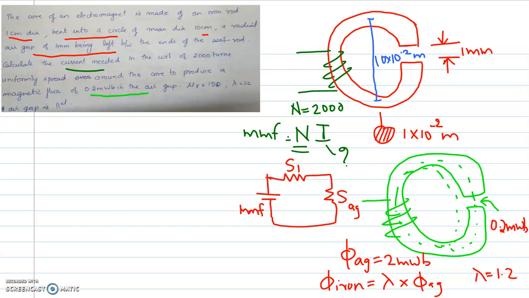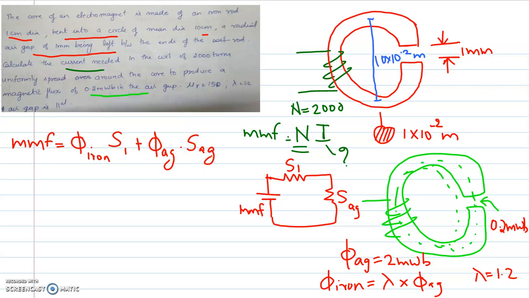And obviously this MMF, I can write it as MMF will be equal to phi iron into S1 plus phi Ag into Sag.